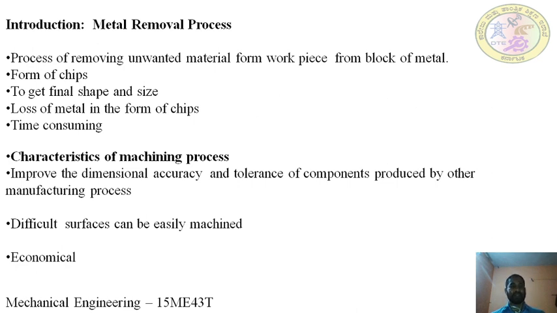In actual assembly, it requires a dimension of 30.0050 millimeter. If you manufacture this shaft from the casting process, it cannot be manufactured to the dimension I told now. So this component from casting or forging may be produced for a diameter of around 32 to 33 mm. So this 2 to 3 mm is allowed for the machining process.